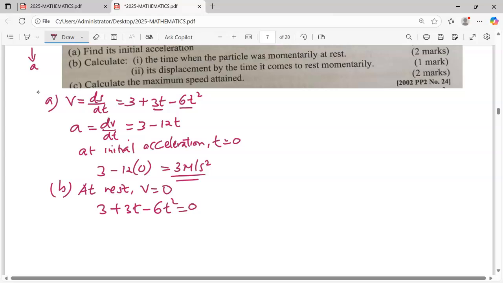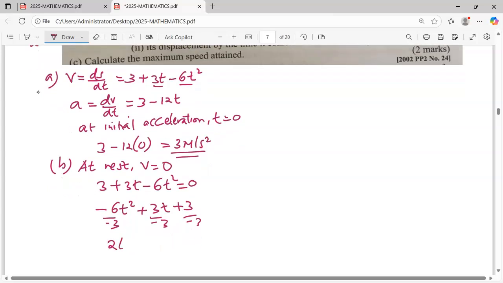We are going to reorganize our equation. We begin with the term that is squared, then the term that has t, and lastly the constant. If you divide all through by -3, we are going to have 2t^2. 3 positive divided by -3, you get -t.